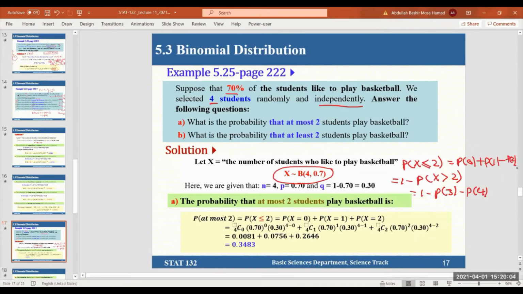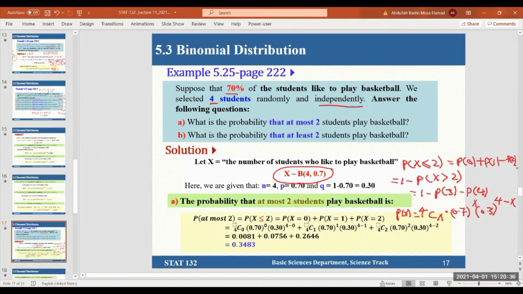First, let's write the formula of the binomial: P of X equals 4Cx, 0.7 power x, 0.3 power 4 minus x, same as the previous example.